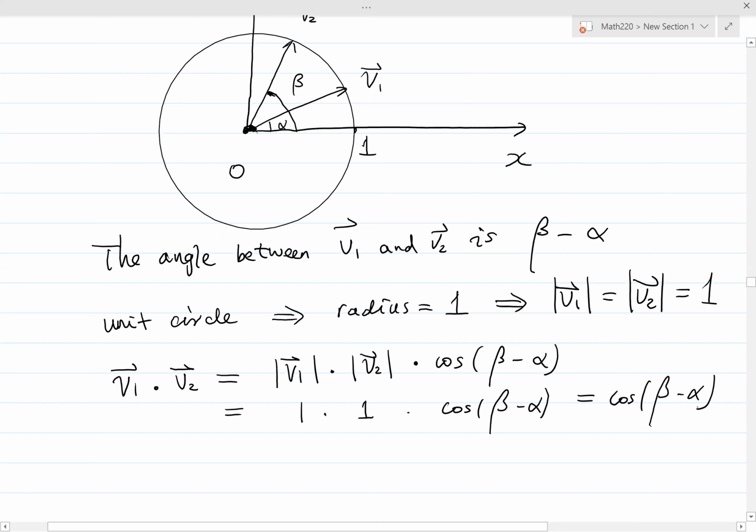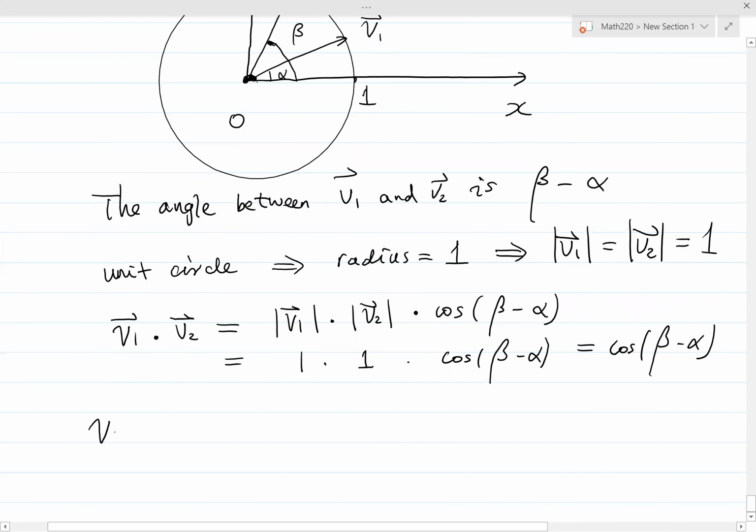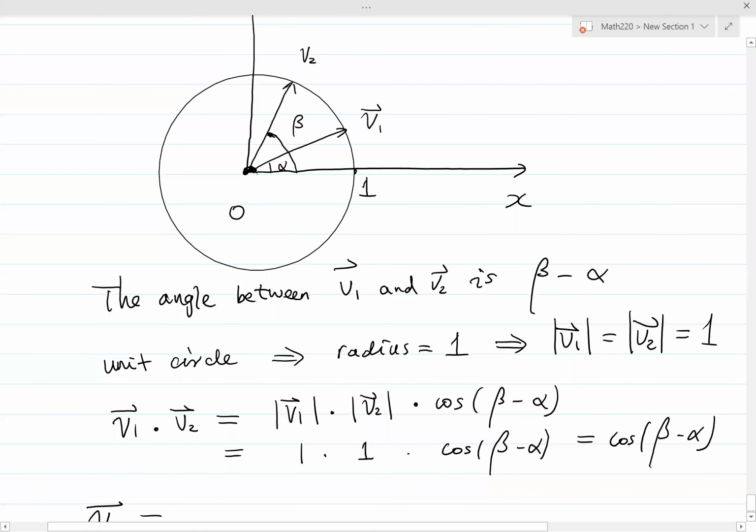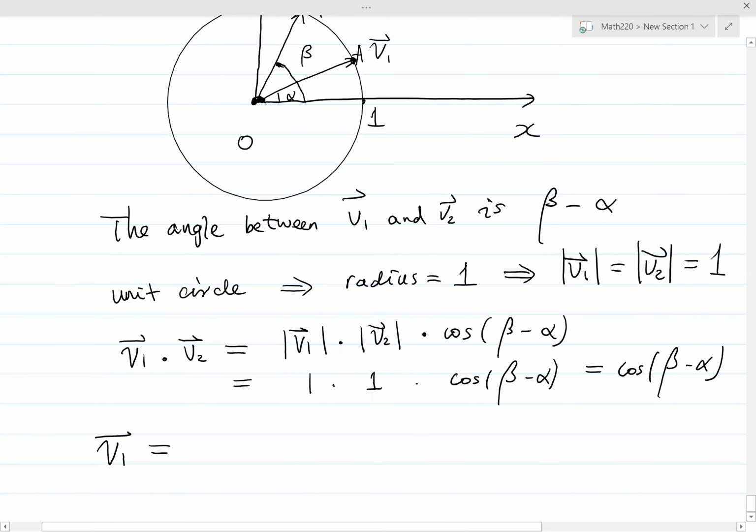On the other hand, we can use coordinates to do the dot product. So write down the coordinate of v1. Let's use A for this point and B for this point. The head of v1 is OA.